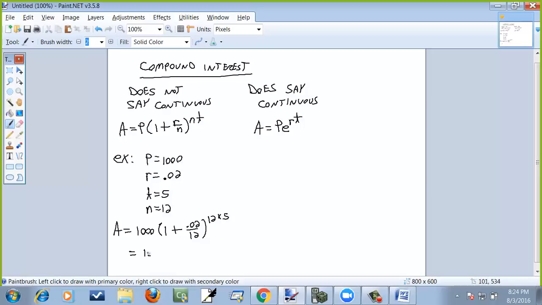It's best to do a little bit of math before you plug it in your calculator. You've got 1,000 times 1 plus 0.02 over 12, and 12 times 5 is 60. So now we'll plug that in.